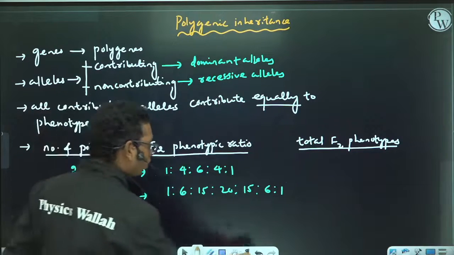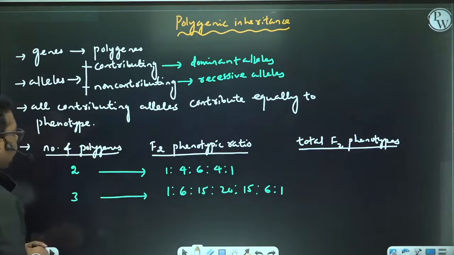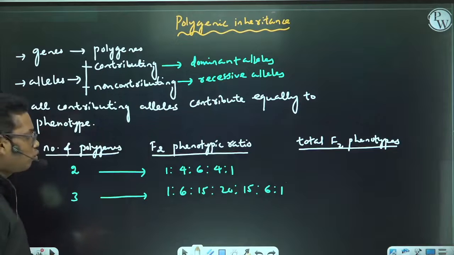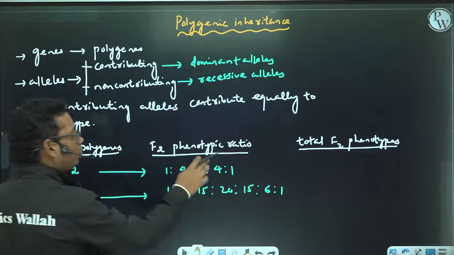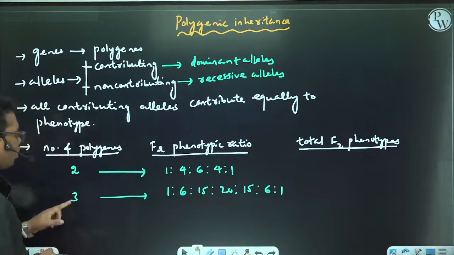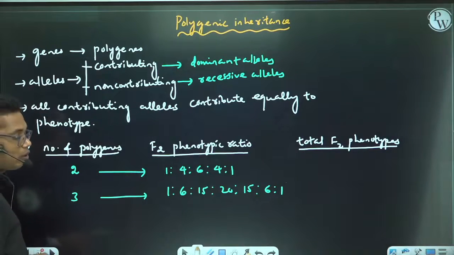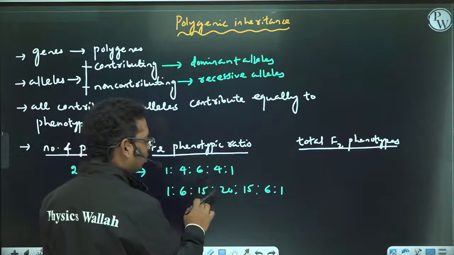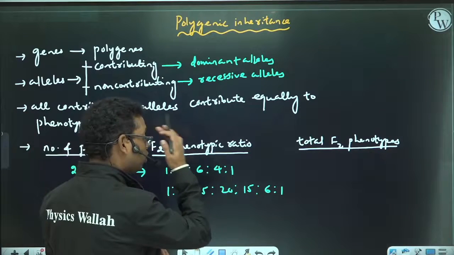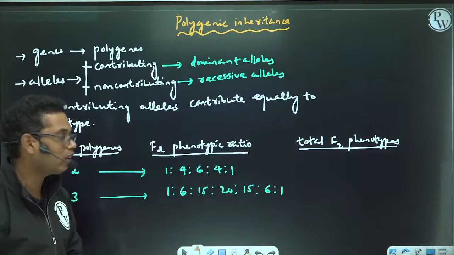Now, if the number of polygenes is 2, then the F2 phenotypic ratio will be 1:4:6:4:1. And if the number of polygenes is 3, the F2 phenotypic ratio will be 1:6:15:20:15:6:1. So what is the total number of F2 phenotypes?